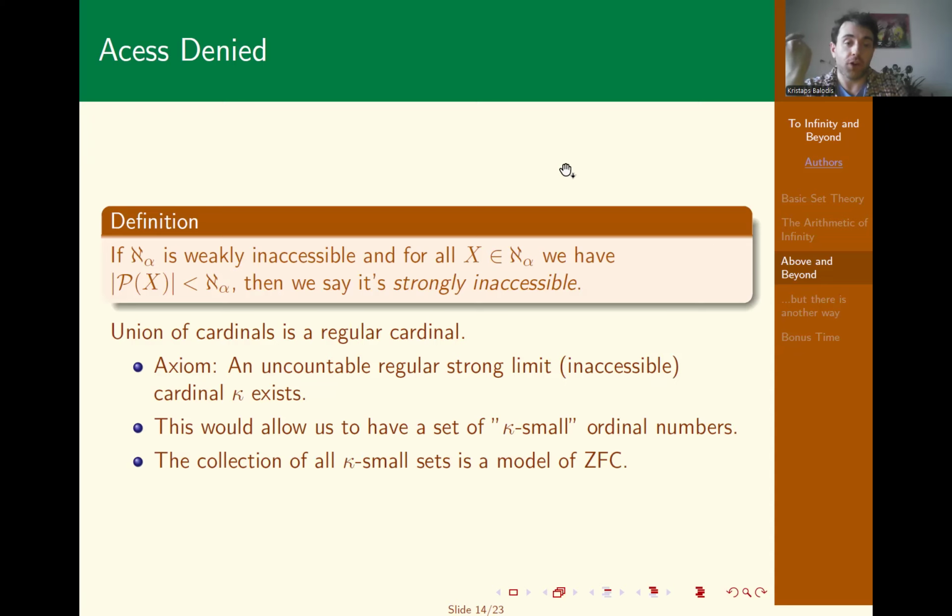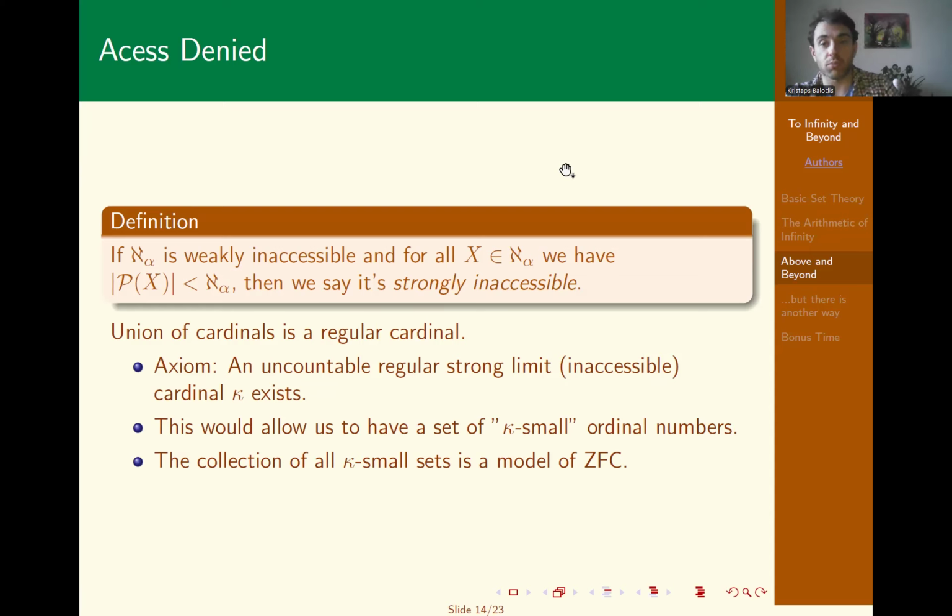Or another way to define it is it's some cardinal number such that the collection of all sets with cardinality less than that number is a model for ZFC. Now again, that collection, a priori, of all sets of cardinality less than kappa, that's not a set in the strict regular way of thinking about things.